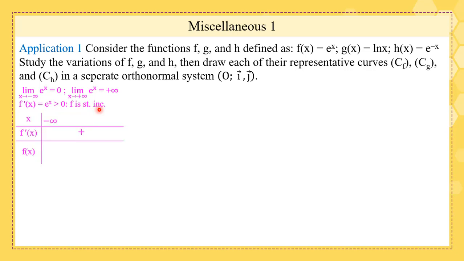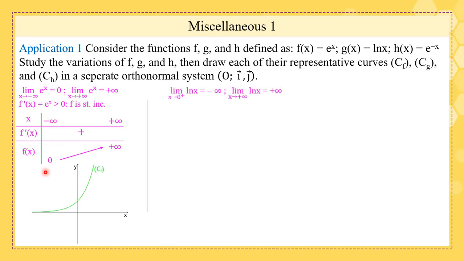The domain goes from negative infinity to positive infinity. f prime is positive, so f increases. The limit at negative infinity is 0 and the limit at positive infinity is positive infinity. So this is the table of variations of the exponential function, and this would be its graph. Remember, it has a horizontal asymptote, which is the x-axis.